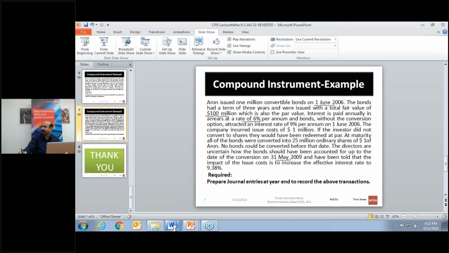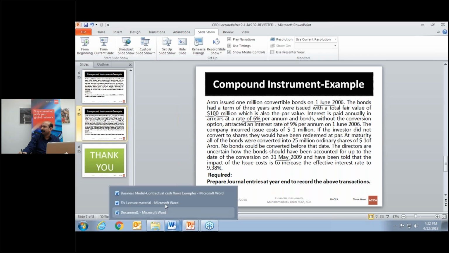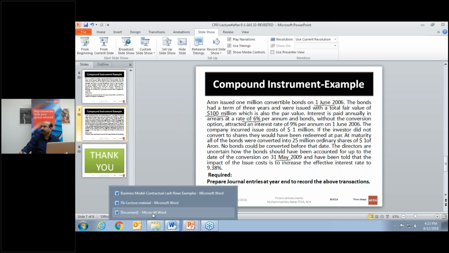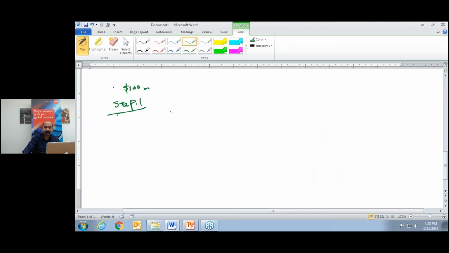So what will be the value for this? This will become step number 1.